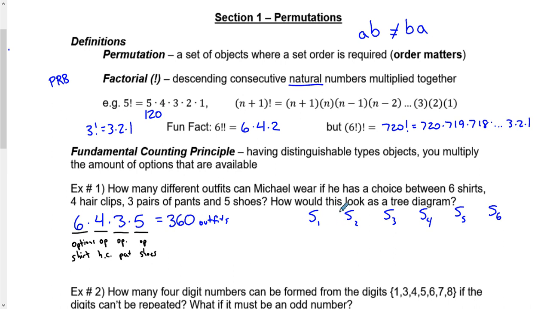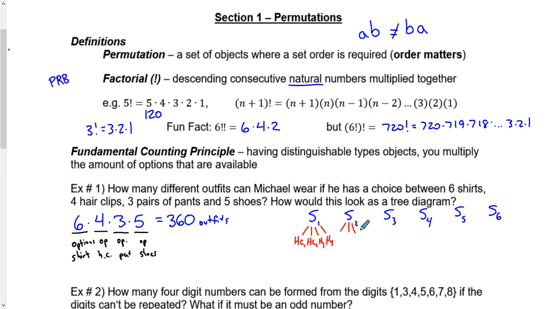One could be blue, one could have stripes, one could have polka dots, whatever. But as soon as Michael picks one of these shirts, he still has 4 options for a hair clip. Hair clip 1, hair clip 2, hair clip 3, hair clip 4.